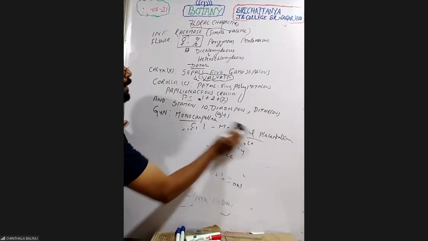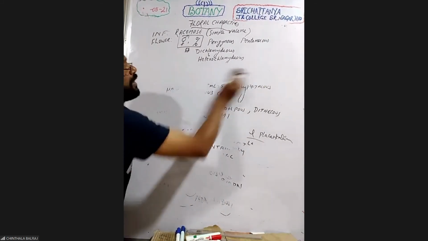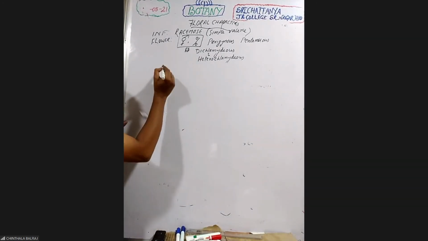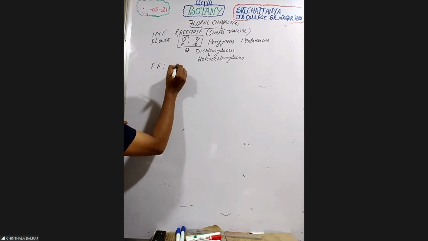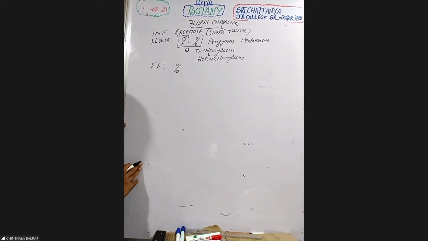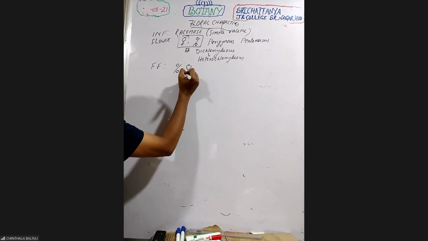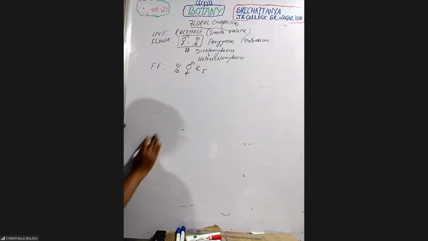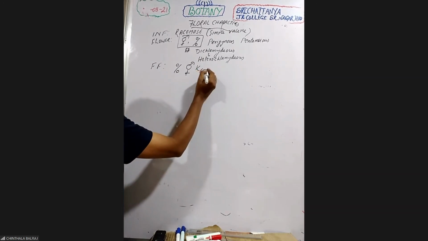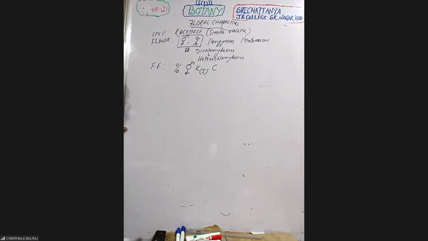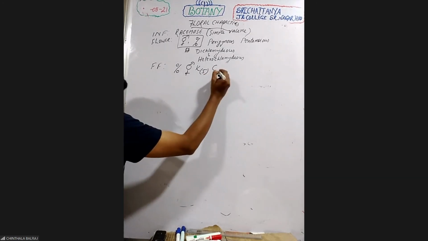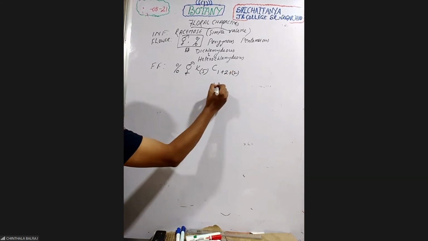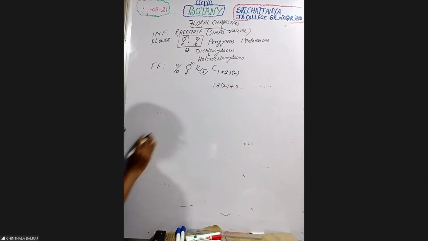Now the floral formula. Flowers are symmetric: actinomorphic or zygomorphic? Zygomorphic. Sexuality: bisexual. Sepals how many? 5, fused. Papilionaceous corolla. Which one is correct?